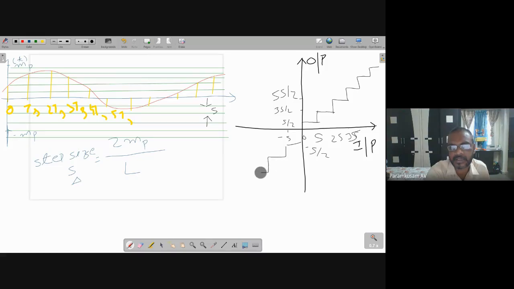Similarly, you will get output characteristics like this: minus 3S by 2, minus 5S by 2. This is minus 2S, minus 3S, like this. Okay. So this is the characteristic of the quantizer between output and input. Have you noted that graph?